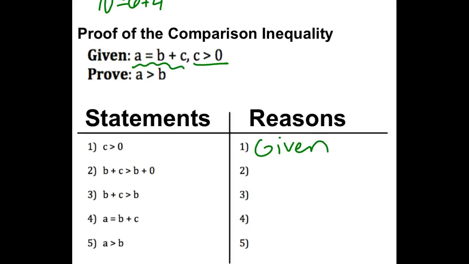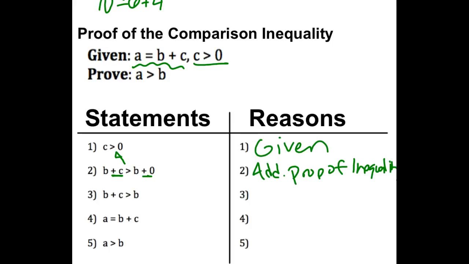Now here they say that B plus C is greater than B plus 0. This is a property that maybe you don't remember, so I'm going to give this one to you. It's called the addition property of inequality. Basically, if you add something to a number and you know that something's bigger than 0, you're going to end up with something greater.